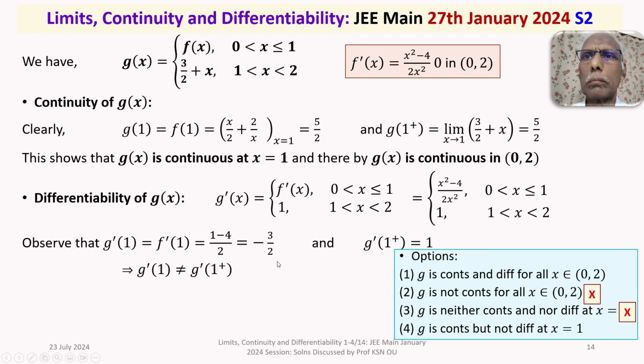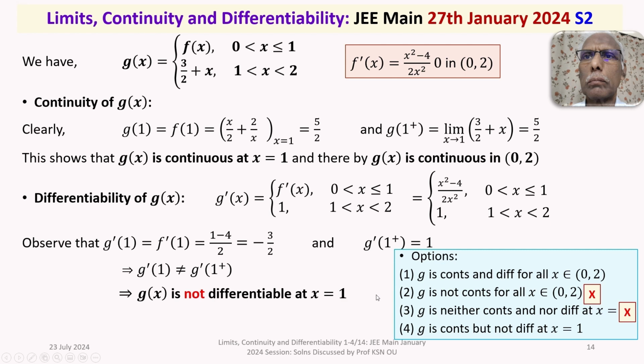Thus, the differentiability is lost at x equal to 1 for the function g of x. So g of x is not differentiable at x equal to 1. So g of x is differentiable in the open interval 0 to 2 except at x equal to 1.